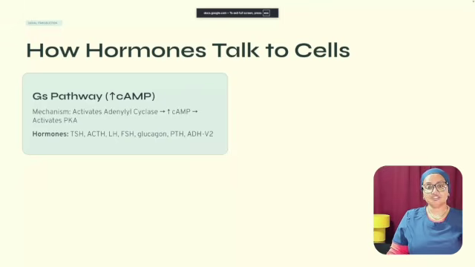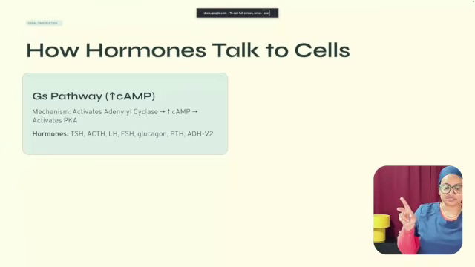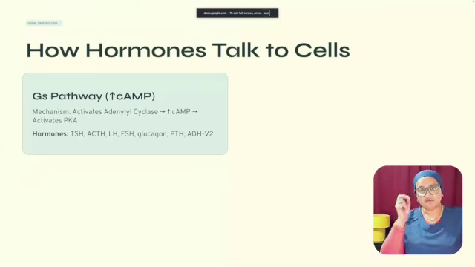Okay, the hormones that use this pathway include TSH, ACTH, LH, FSH. Remember, all these are pituitary proteins. Glucagon, PTH, and ADH. ADH has two different types of receptors, V1 and V2. V2 receptor utilizes the GS pathway.